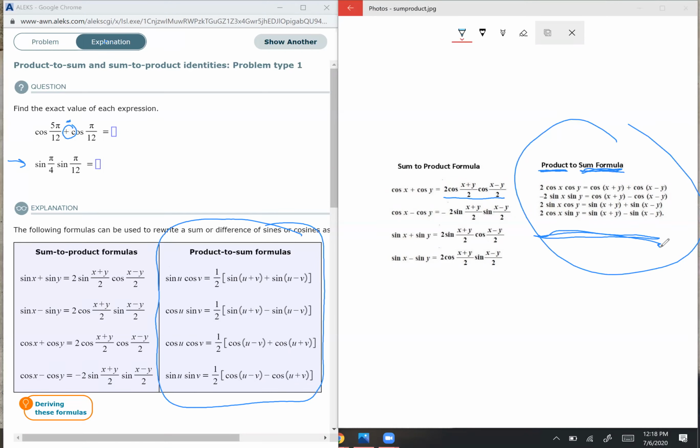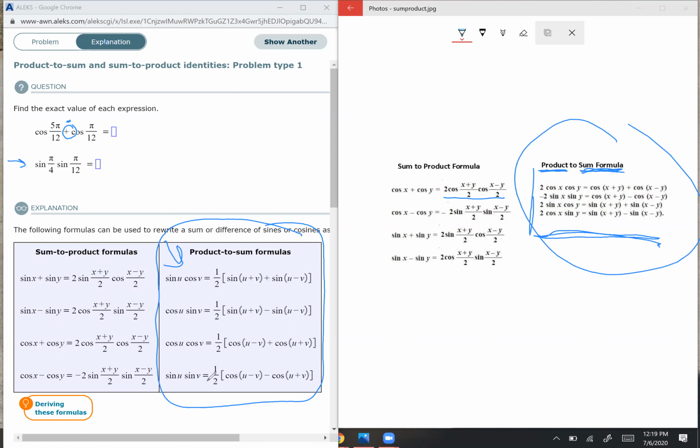So when you're looking on the internet for a good reference sheet, and I'll be posting one when I find a really good one that you guys can reference while you're doing your work or taking a test, you might see it this way with the 2's in front, or you might see it this way like ALEKS does it, where they divide both sides by 2 and then there's a 1/2 on this side.